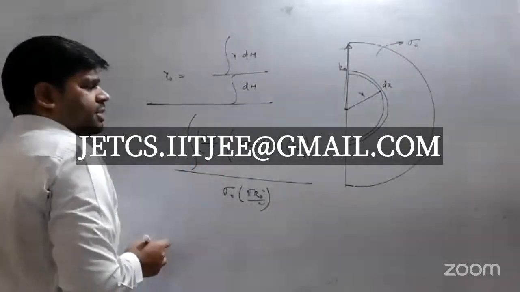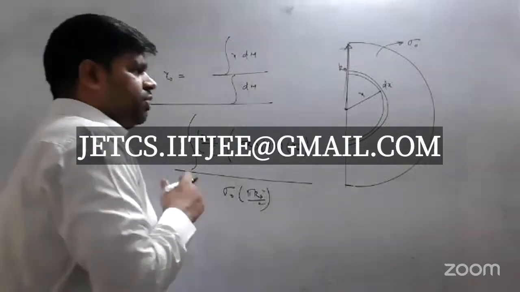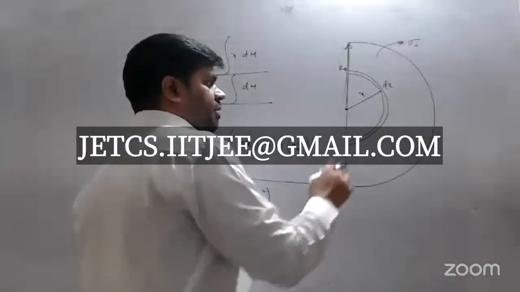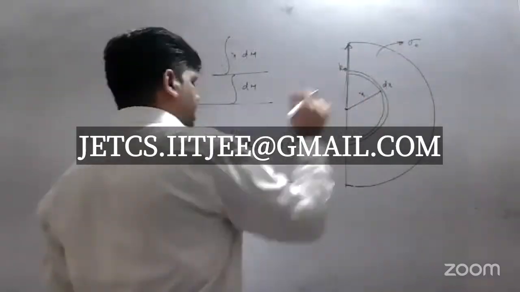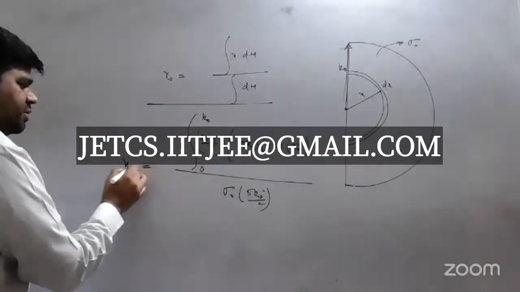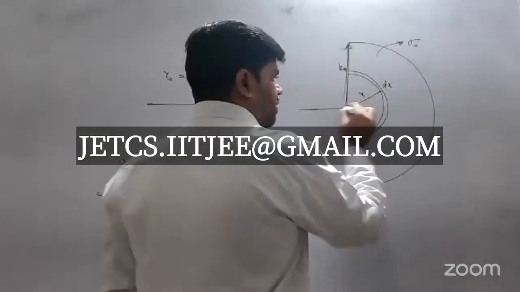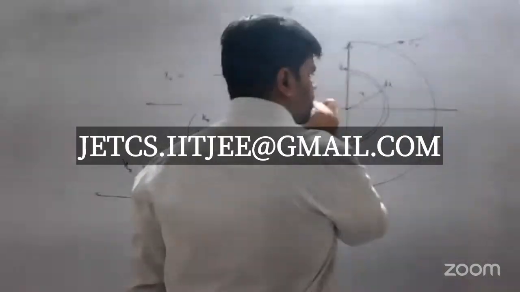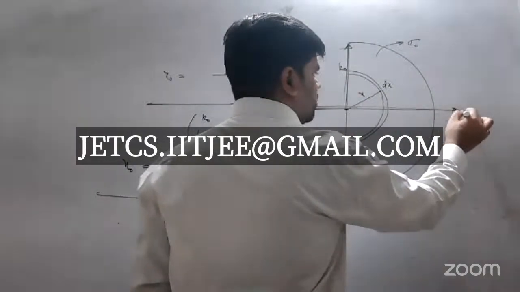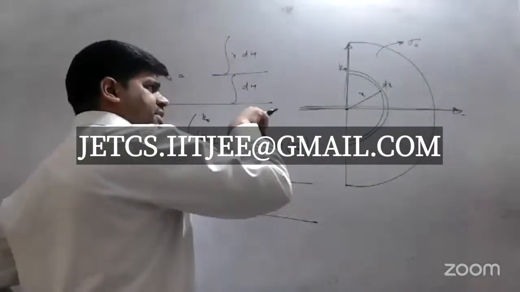Now, what are the limits? The limits should cover the whole of my matter. My matter goes from 0 to r, so limits go from 0 to r naught. Now, this is my position of center of mass. Why do I take only one coordinate? Because by symmetry, I know that my center of mass lies along this line, the axis of symmetry.